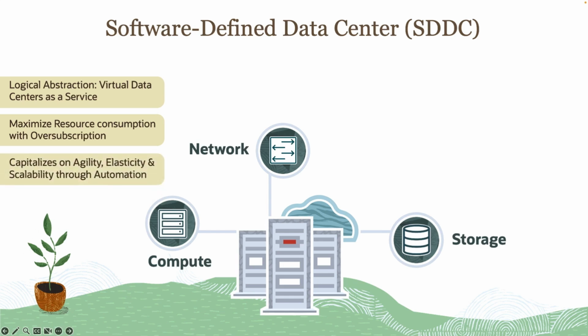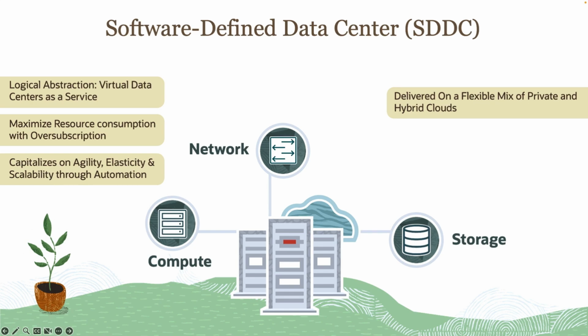SDDC capitalizes on agility, elasticity, and scalability. One of the top advantages of being software defined is automation. For example, you could be automating the creation of a virtual machine, or it could be automating the creation of a virtual switch. SDDC provides a high degree of flexibility because the workloads now operate independently of the underlying physical infrastructure.